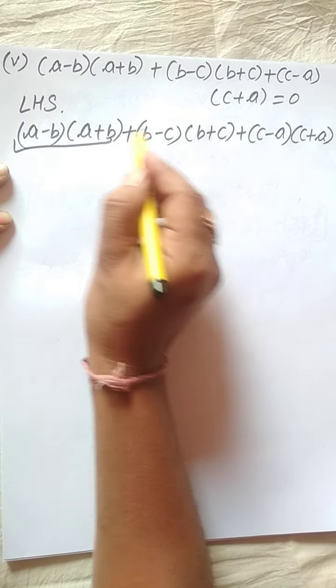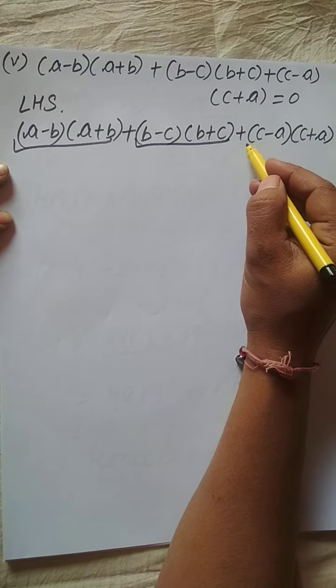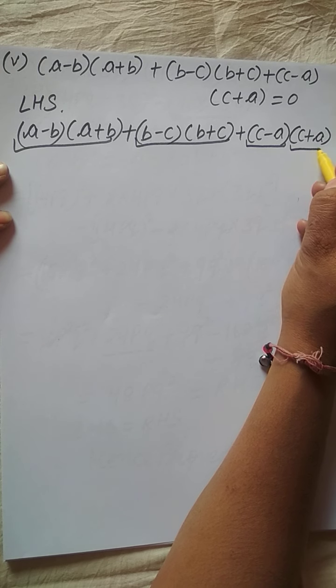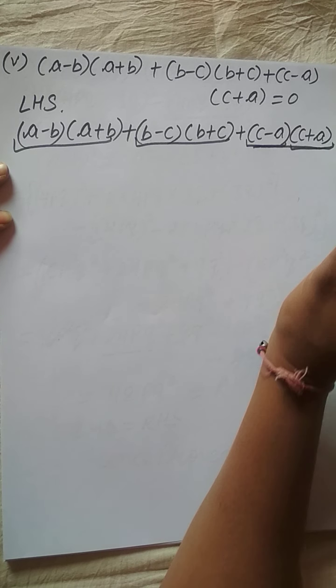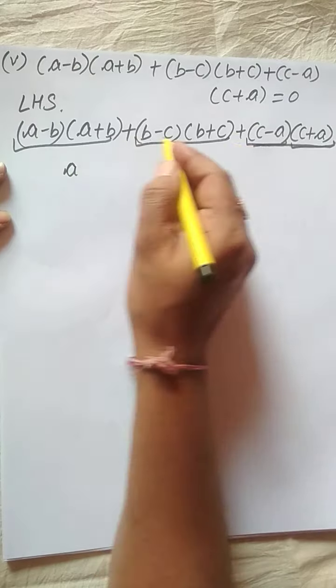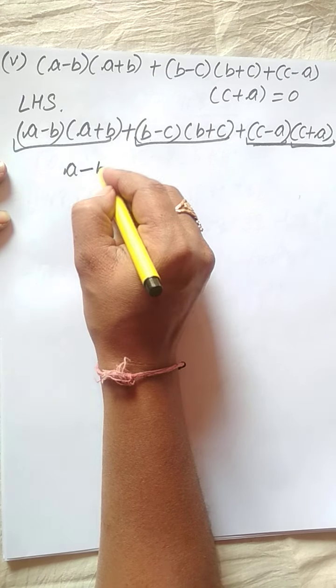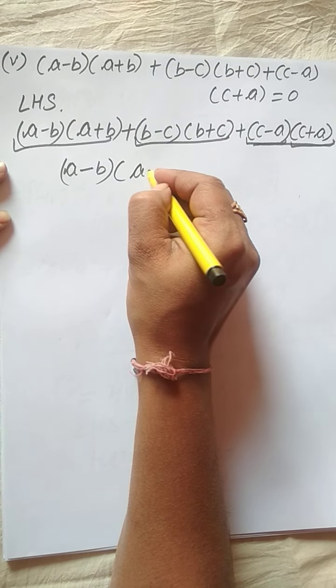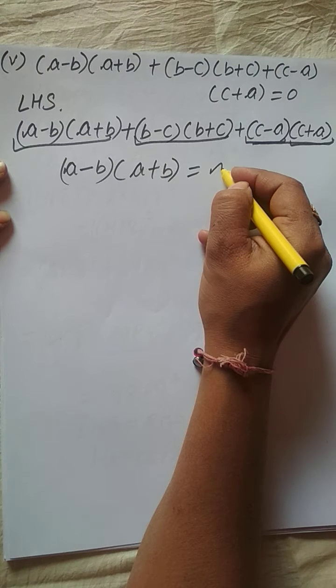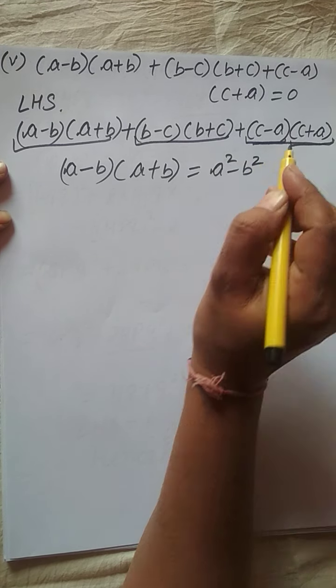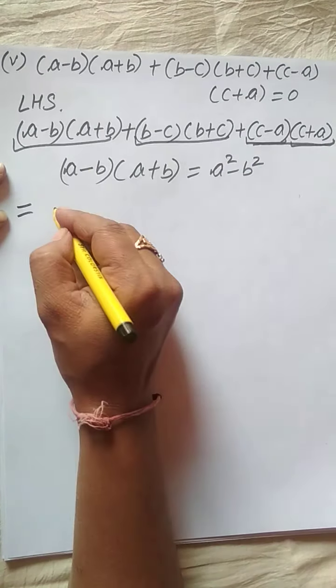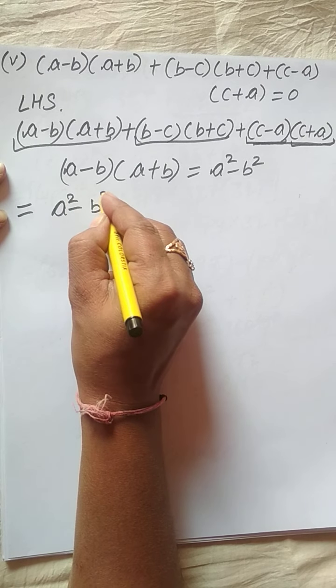All the terms are of the kind (a − b)(a + b). So in all these we will apply the identity (a − b)(a + b) is equal to a² − b². Now for the first one, it is a² − b².